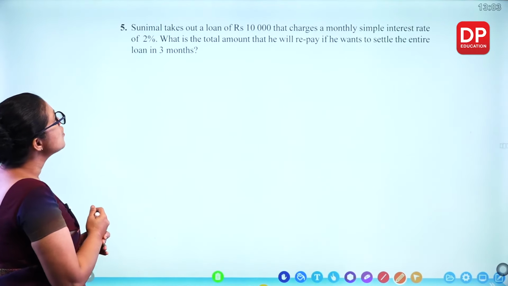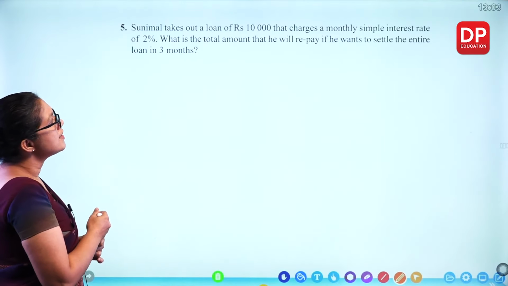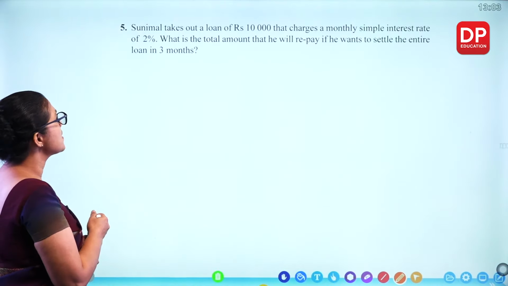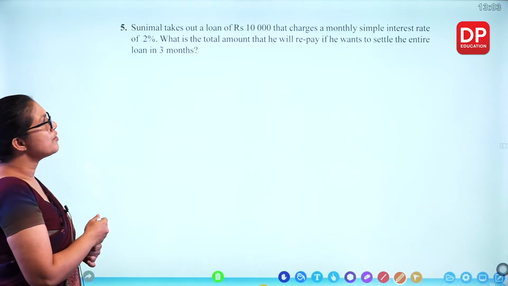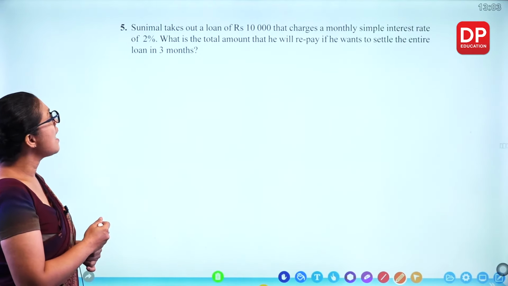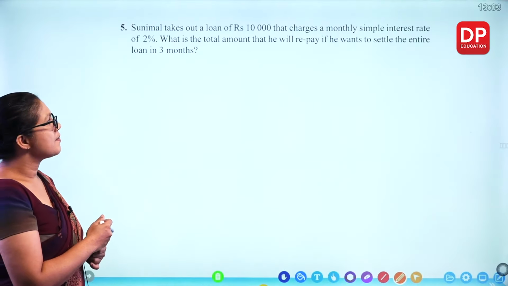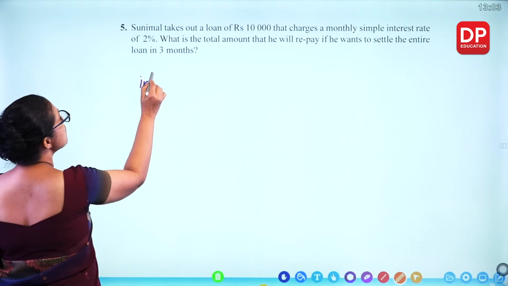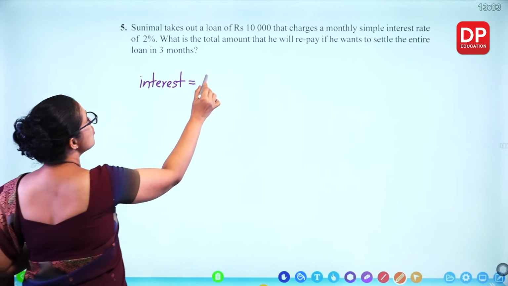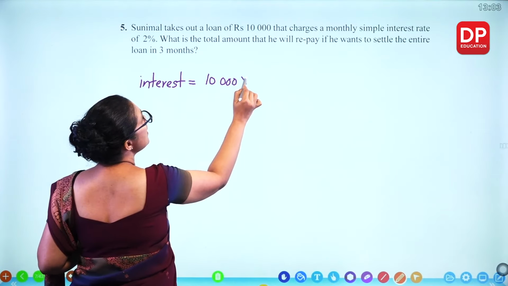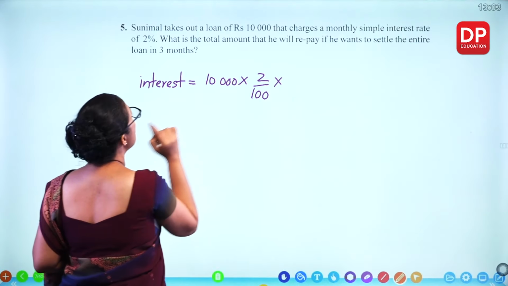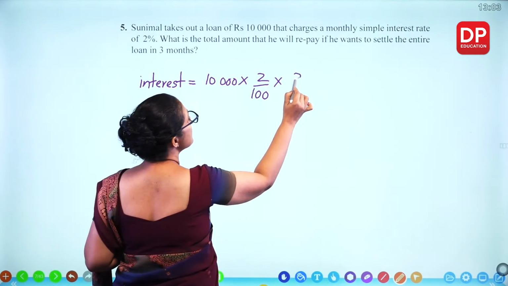Question number 5. Sunimal takes out a loan of 10,000 rupees that charges a monthly simple interest rate of 2%. What is the total amount that he will repay if he wants to settle the entire loan in 3 months? So first we have to calculate the interest that he is paying. The initial value is 10,000 into 2% monthly, and how many months? 3 months.